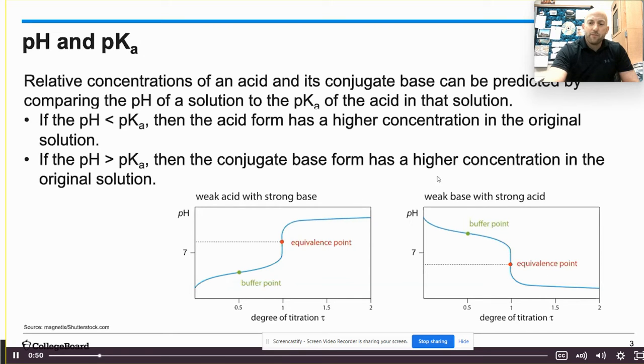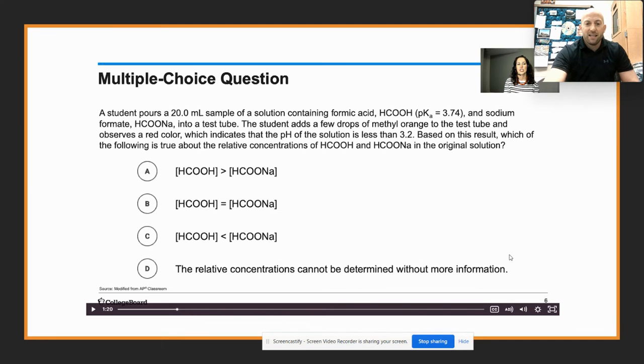On this side, we have a weak base with a strong acid. And so our pH is starting off very high. Again, pH is greater than pKa. It's going to be the opposite for the other case. With this case, it would be pH being less than your pKb. So don't worry about that. Let's just focus on pKa.